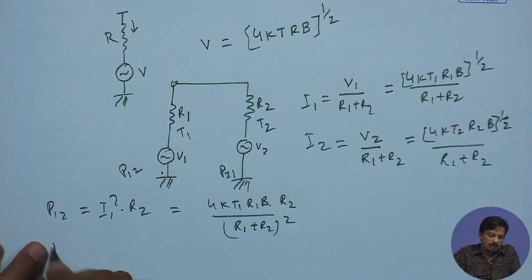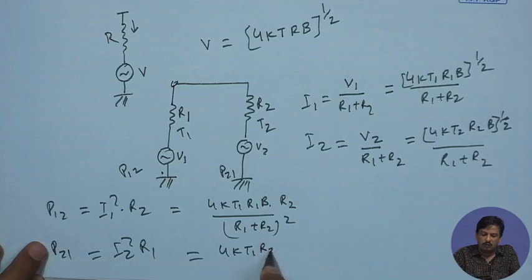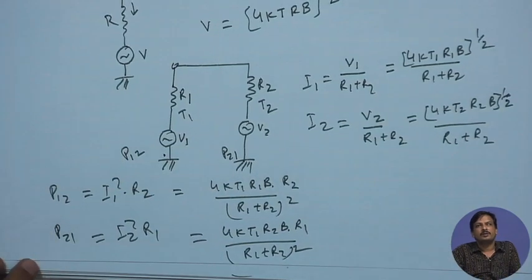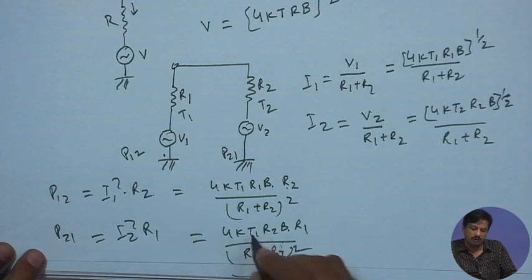Okay. What is P21? It is nothing but I2 square into R1. So what is I2 square? 4k T2 R2 B into R1 divided by R1 plus R2 whole square. Now, if you see, what is the difference between the two expressions? The two expressions differ only by T1 and T2.